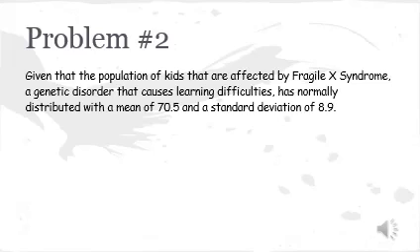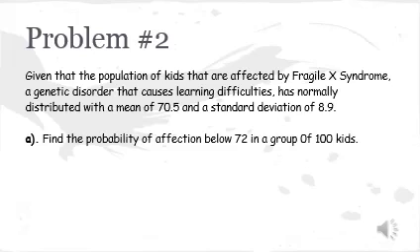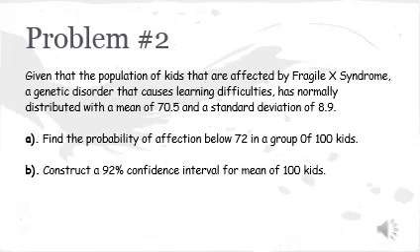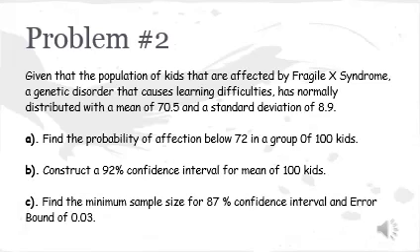We are to find the probability of affection below 72 in a group of 100 kids, construct a 92% confidence interval for a mean of 100 kids, and find the minimum sample size for an 87% confidence interval and error bound of 0.03.